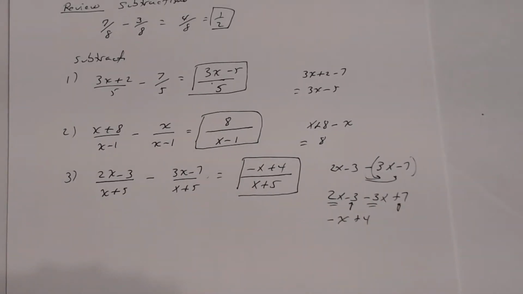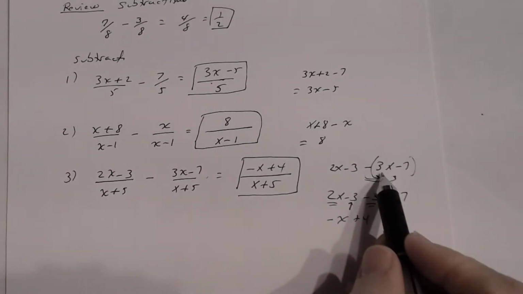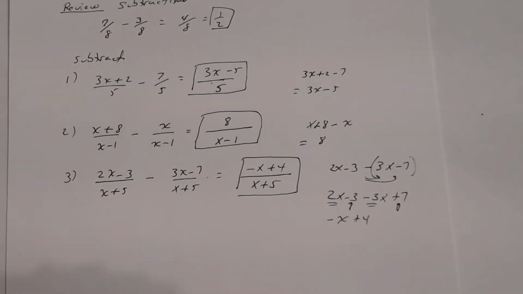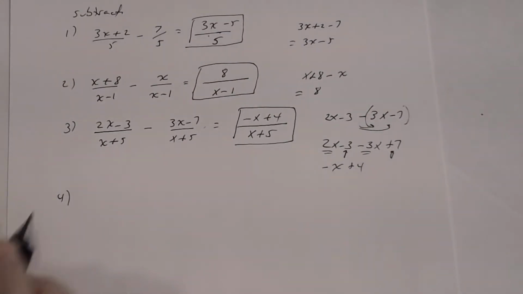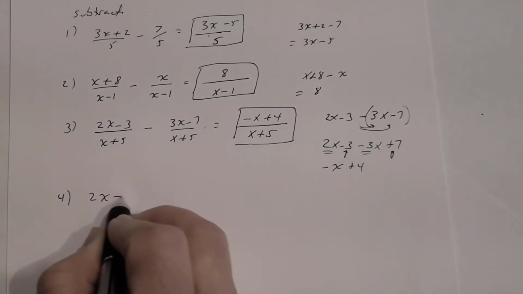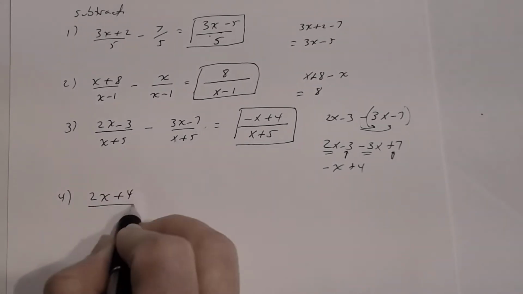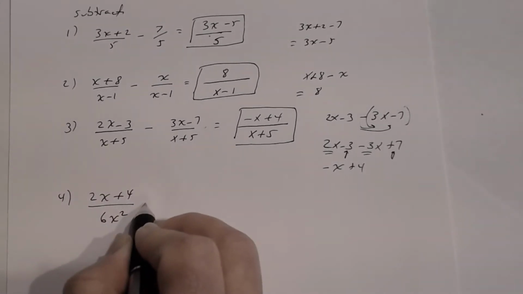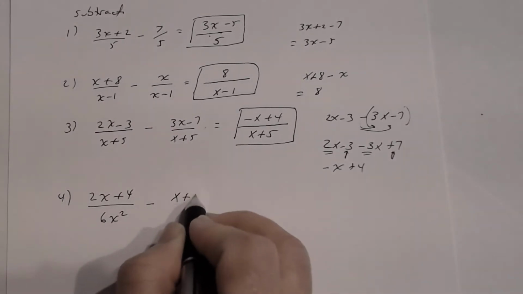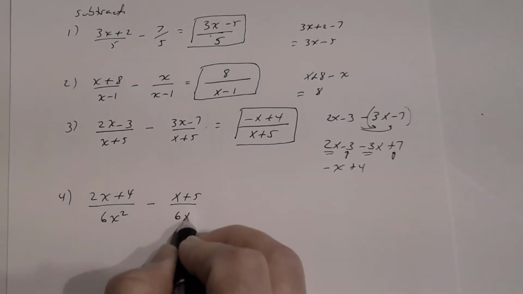So just remember, whenever you are subtracting a polynomial with more than one term, put it in parentheses. All right, number 4. Number 4, we have 2x plus 4 divided by 6x squared minus x plus 5 divided by 6x squared.